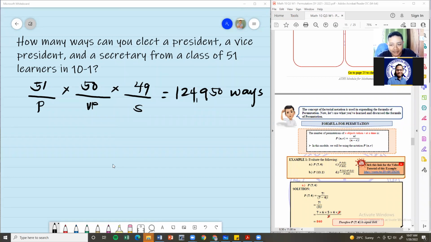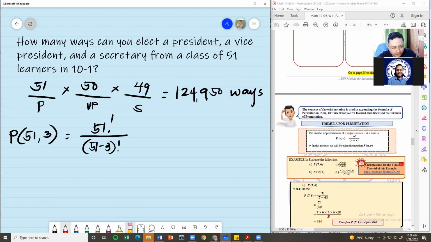Let's use the permutation formula. Ganyan po yung sa akin, sabi ni Chloe. Okay, that's good. Now let's use the permutation formula. The N, the P and R. Our N is 51. And our R is 3. Okay, so this will be 51 factorial over 51 minus 3 factorial.